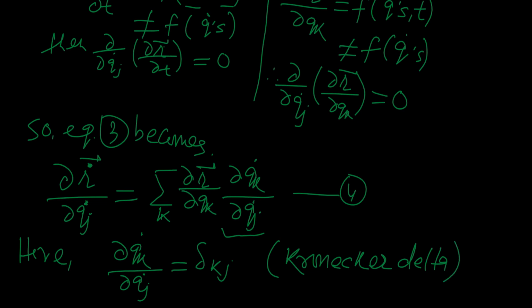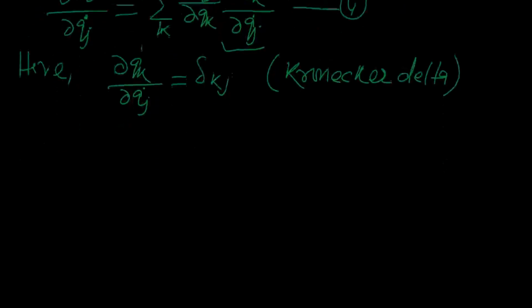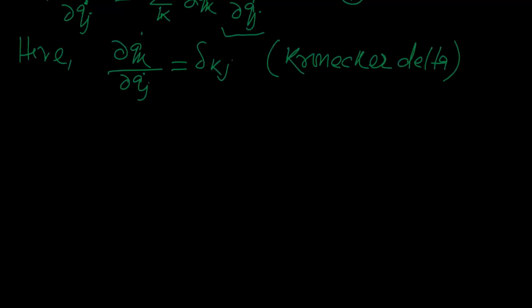In fact, this Kronecker delta has two values. This Kronecker delta is equal to 1 if k is equal to j, and this is equal to 0 when k is not equal to j.